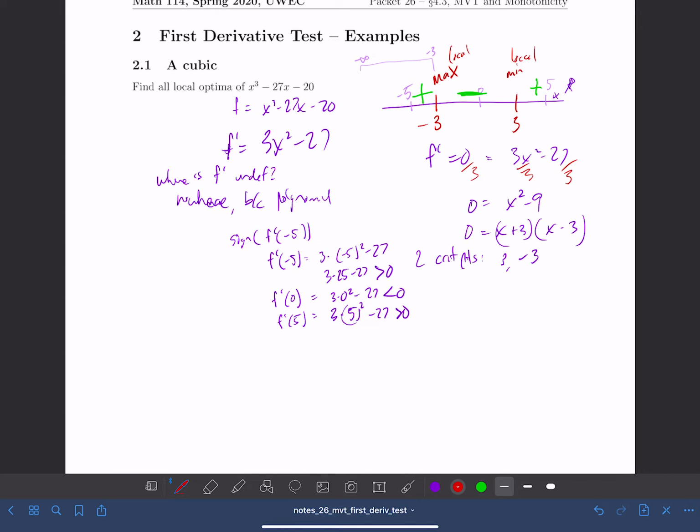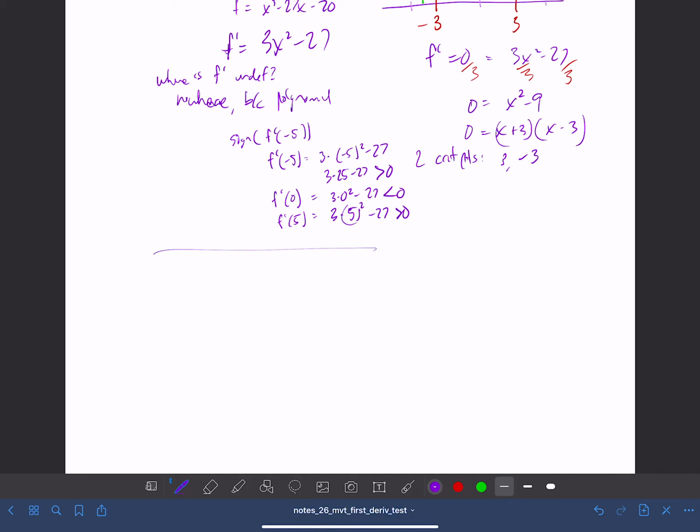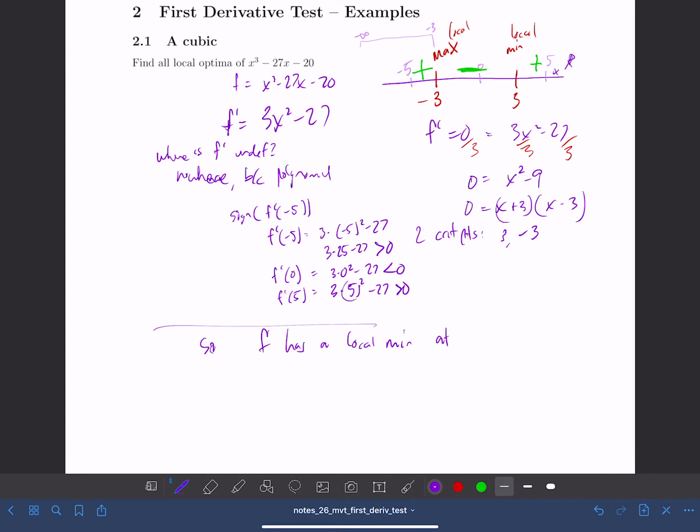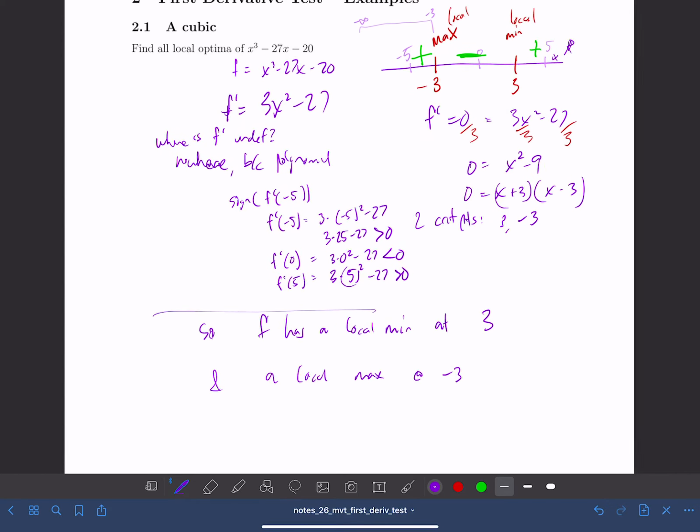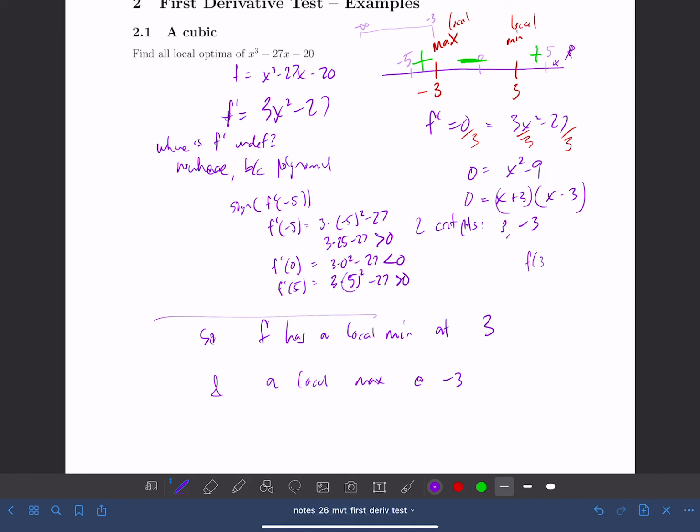All right. So I would now probably start getting close to a conclusion. So f has a local minimum at 3, and a local max at -3. And if you're interested in what those values are, we could ask what's f of 3?